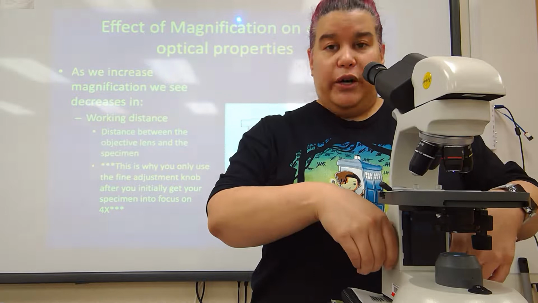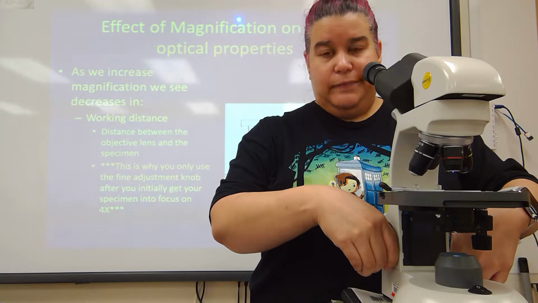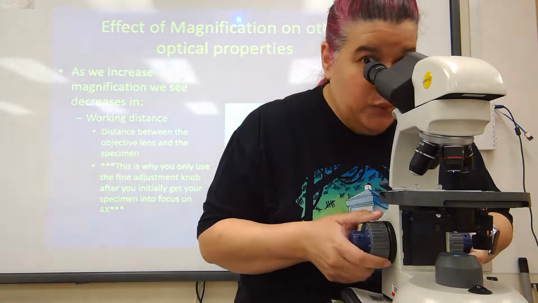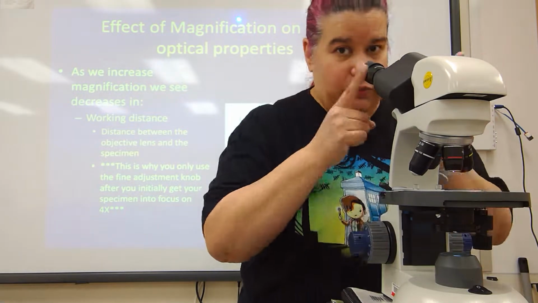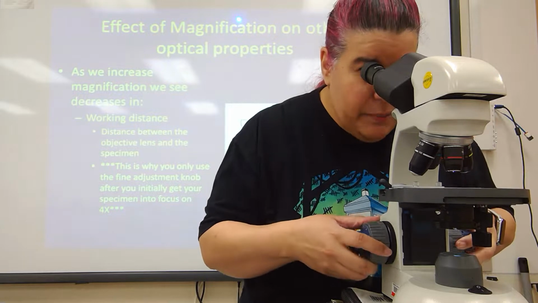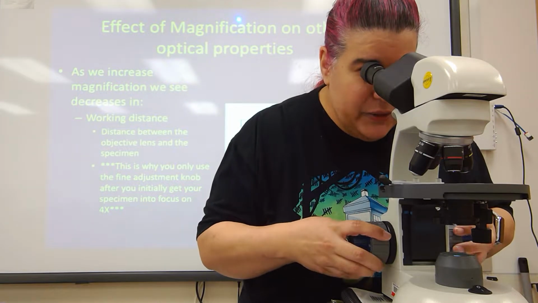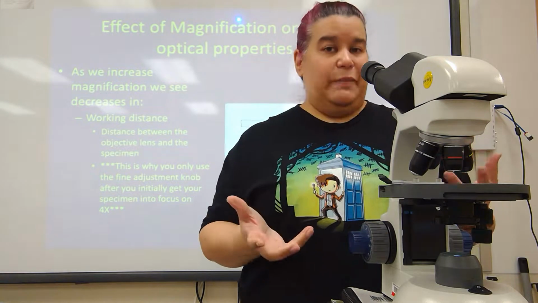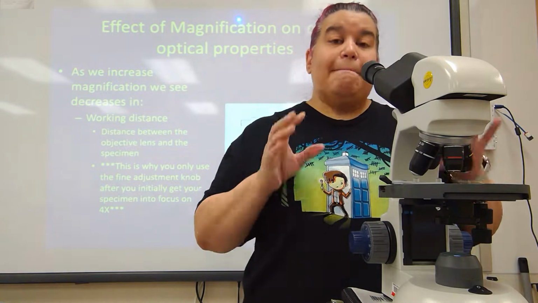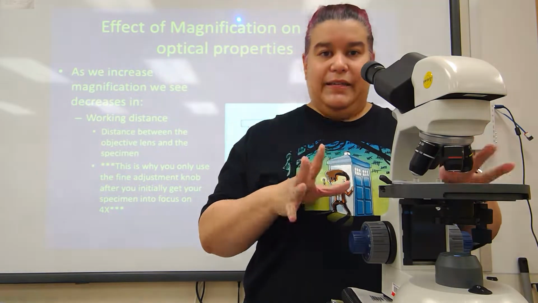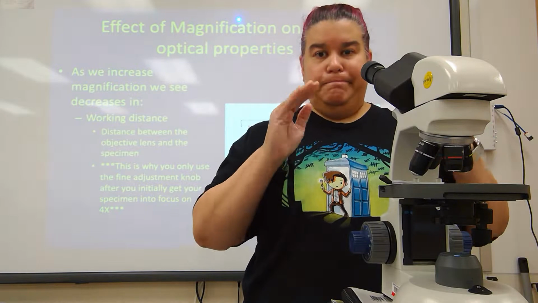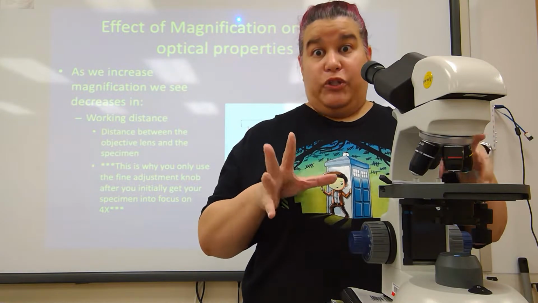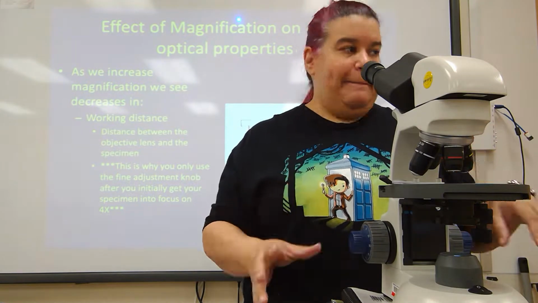So you start at the bottom, always, okay? And you work your way up, while looking, of course, until you find what you're looking for. You find whatever specimen that you're looking for. That is the way that you are supposed to do that. Okay.